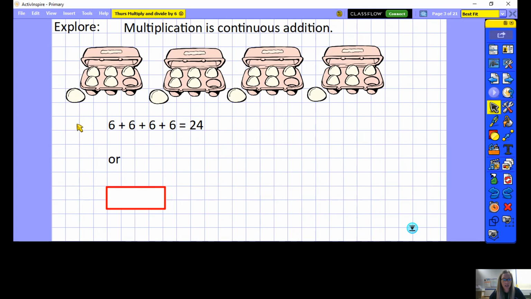So how many groups of 6 have we got? We've got 1, 2, 3, 4 groups of 6. So to write this calculation as a multiplication, we would have 4 times 6 equals 24, because we've got 4 groups of 6 eggs, and the total is 24. So multiplication is like continuous addition.